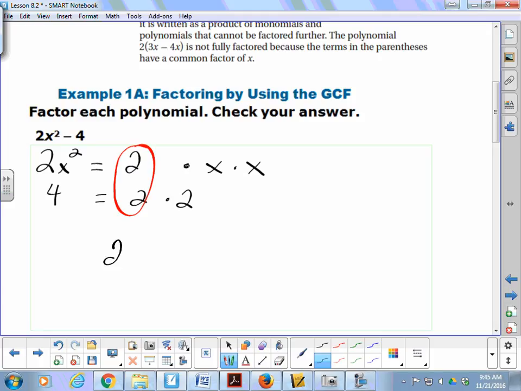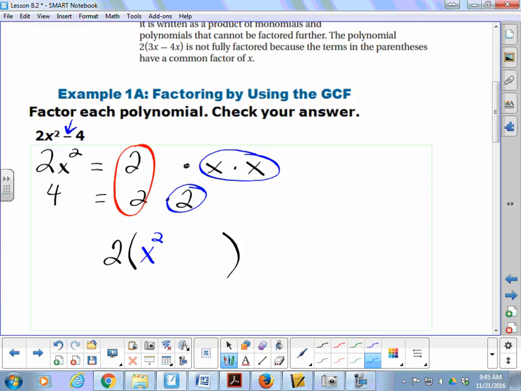So the 2 goes in front of the parenthesis. All of the greatest common factors are going to go in front of the parenthesis, and then I'm going to put parentheses there. Now, what goes inside is what's left. So we've got x squared here, and 2 left here. Now, what goes between them is whatever this sign is.